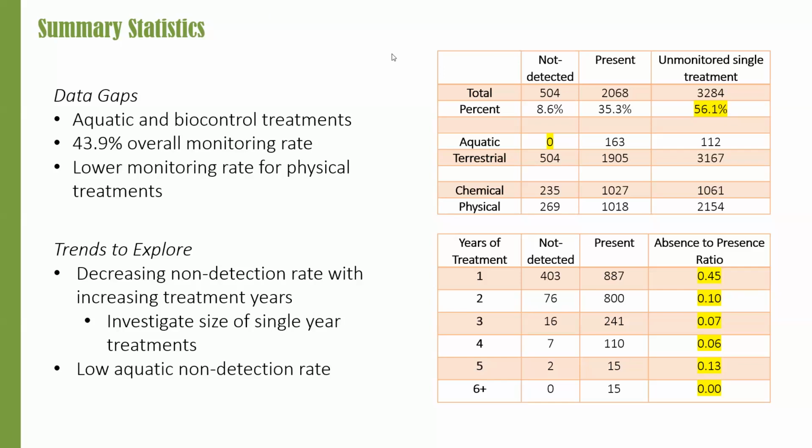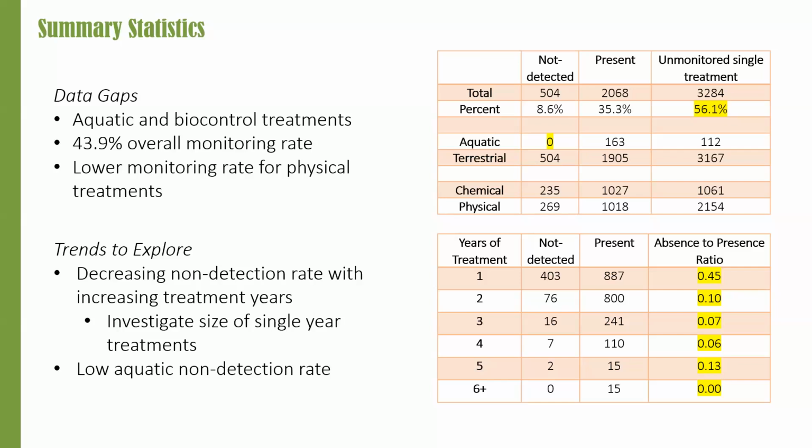And then if you look in the top right here, this column all the way on the right and this top right graph are unmonitored single treatments. So that's every site in which there was a treatment and no follow-up data. And that comprises about 56.1% of the record. So in general, we are monitoring about 44% of treatments, or treatment sites.